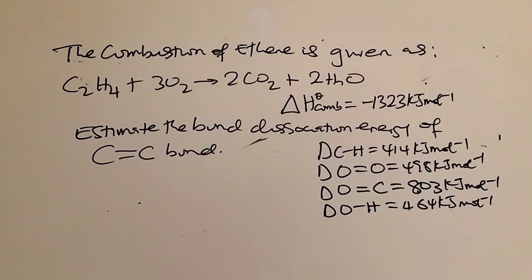And we're given the enthalpy of combustion, a different kind of enthalpy, as minus 1323 kilojoule per mole. We're asked to estimate the bond dissociation energy of the carbon-carbon double bond.